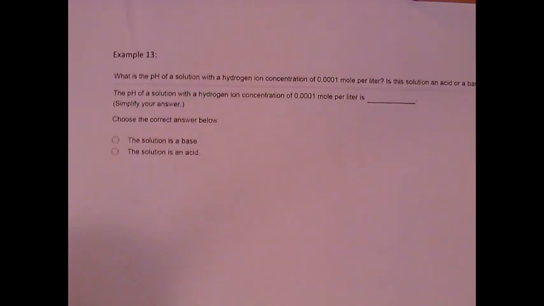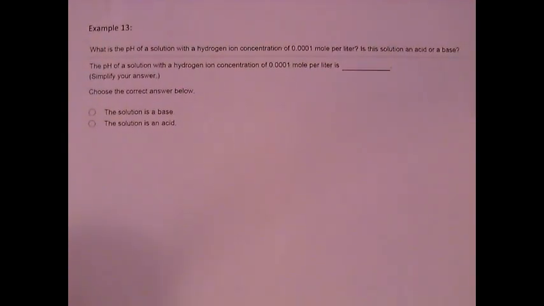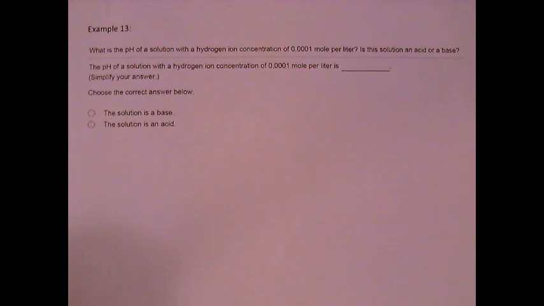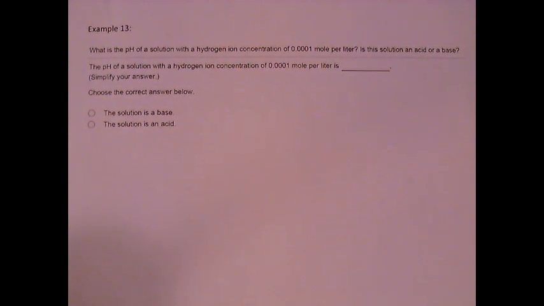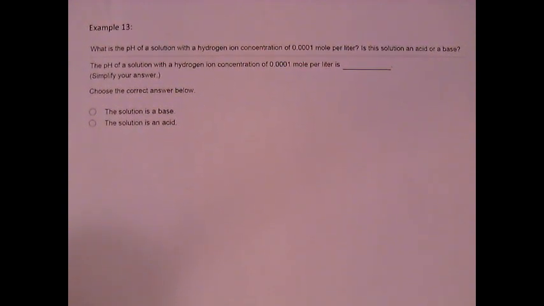Okay, let's look at the next example. What is the pH of a solution with a hydrogen ion concentration of 0.0001 mole per liter? Is this solution an acid or a base?